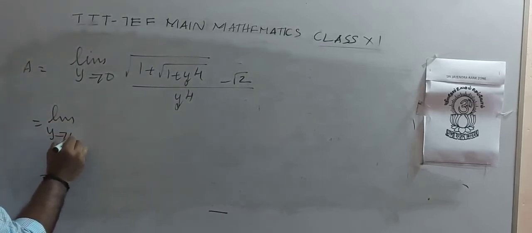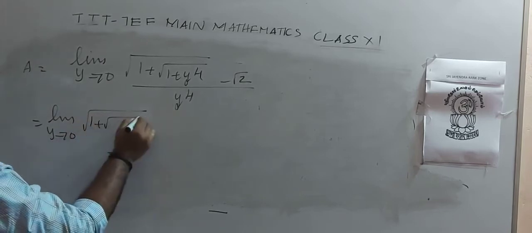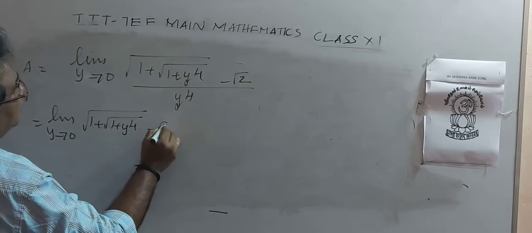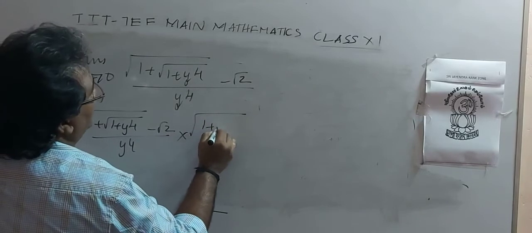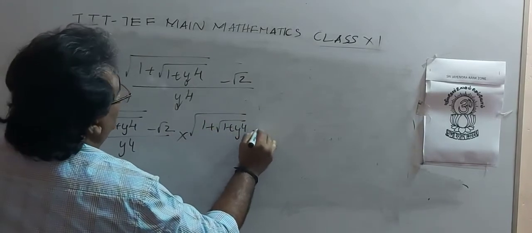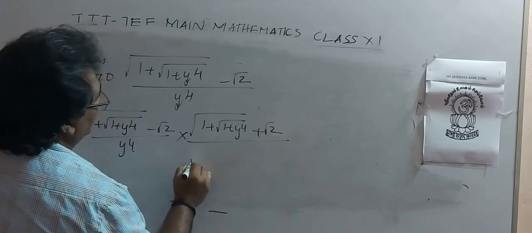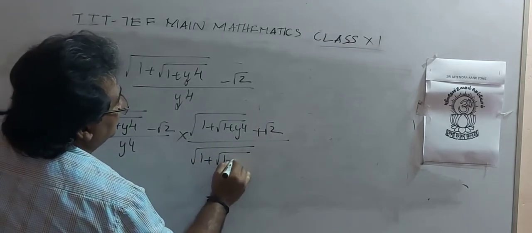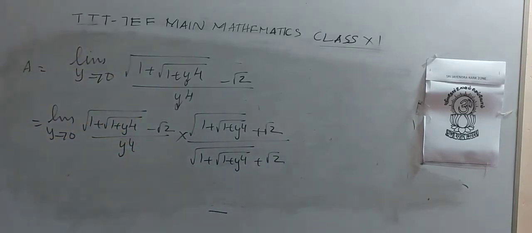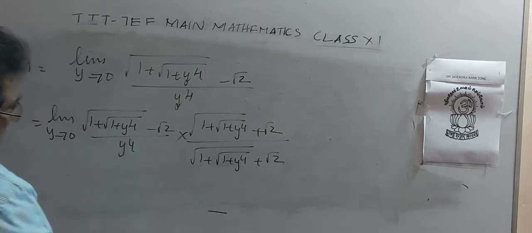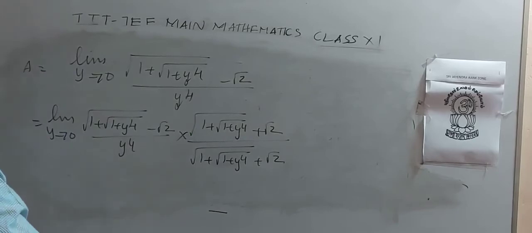Limit y tends to 0, root of 1 plus y power 4 minus root 2 divided by y power 4 into root of 1 plus y power 4 plus root 2 divided by root of 1 plus y power 4 plus root 2. We have to rationalize, so multiplying and dividing by this term. So consider the numerator. This is a minus b, here a plus b, a square minus b squared.